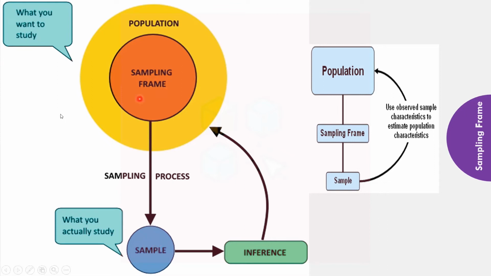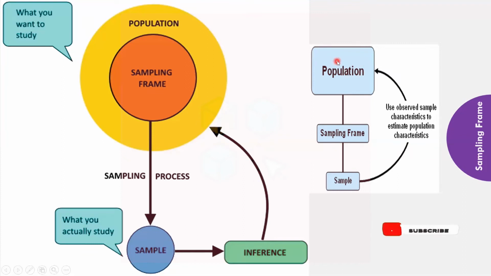The population, the yellow circle, is not actually available for the study, but we are going to find results about the population. The results about the population are based on the sample, and the sample is used to find the inferences, the statistics, and all the measures, and these measures give us the results about the population.